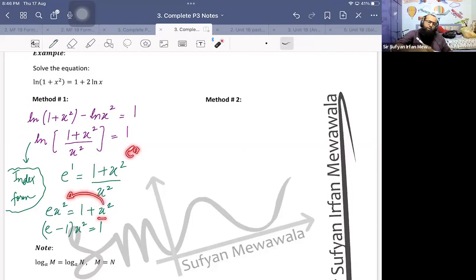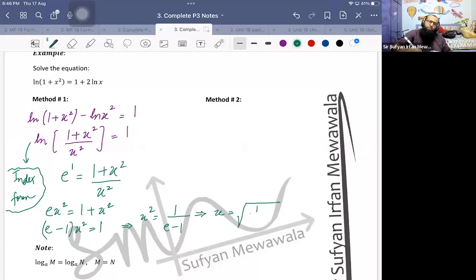Then e x square minus x square, we took x square as common. So e minus 1 x square equals 1. And from here we are going to get x square is equals to 1 upon e minus 1. And then we can say x is equals to square root of 1 upon e minus 1.